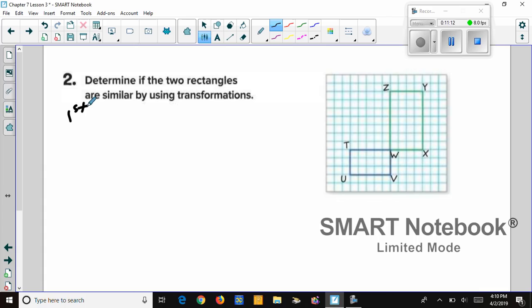Let's take rectangle TUVW and translate, rotate, or reflect it so that it is on WXYZ. Well, one way to do that is we could do a rotation. So rotate.